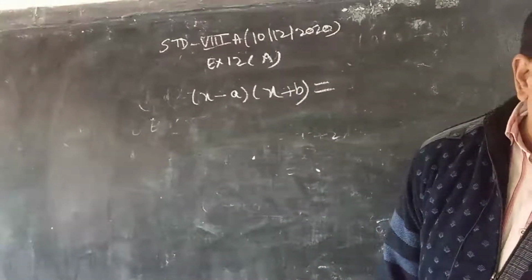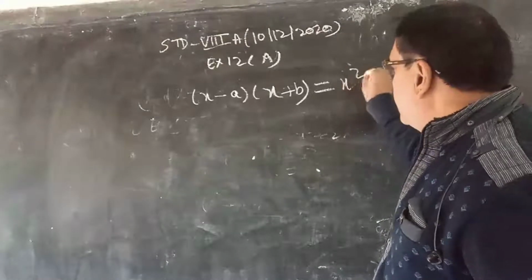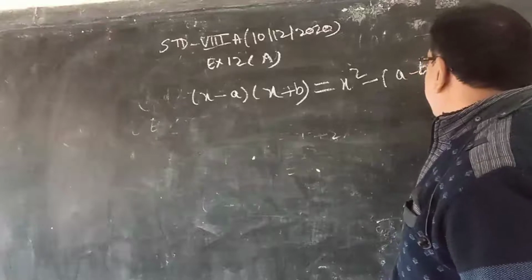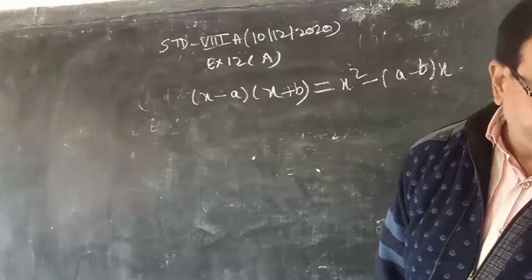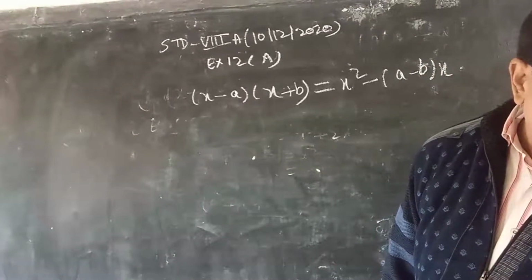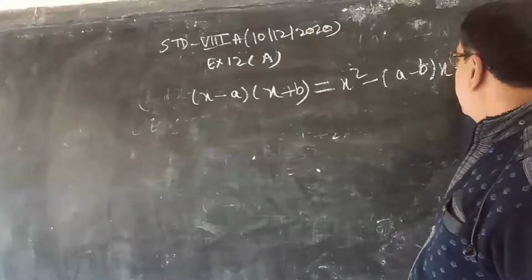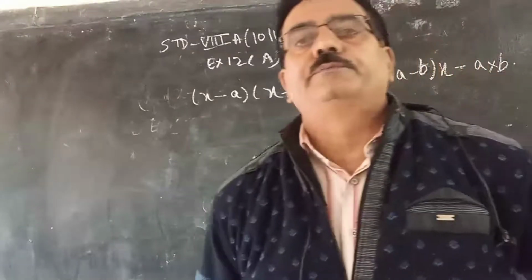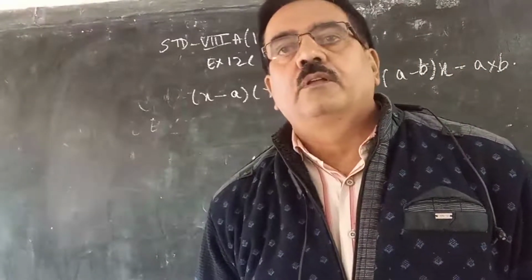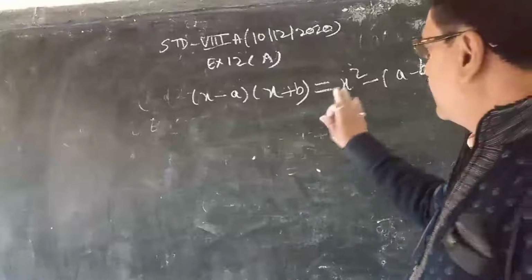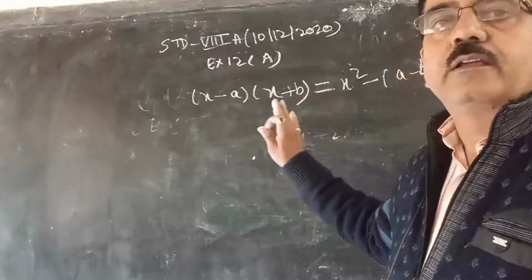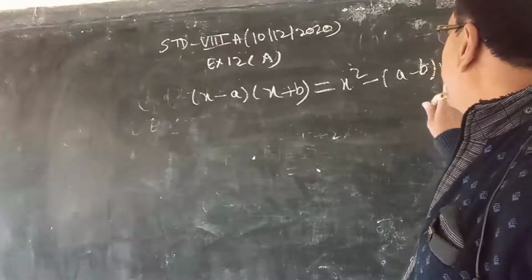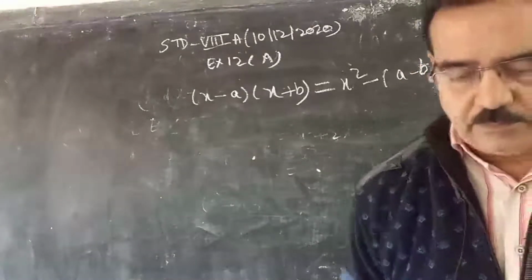What is the result? x² - (a - b)x - a·b. This is the formula. So (x - a) in one bracket, second bracket (x + b), is equal to x² - (a - b)x - a·b.